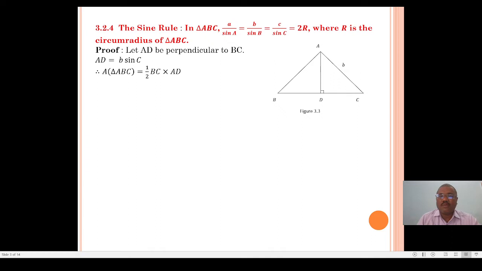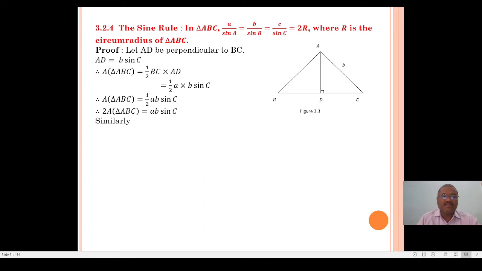So substitute the values. The value of BC is small a, because this side is opposite to angle A. So its length is small a, and the value of AD is b sin C. From this we get area of triangle ABC equals half ab sin C. So twice the area of triangle ABC equals ab sin C. We transfer 2 from the right side to the left side.